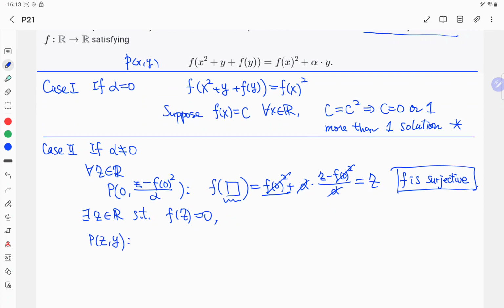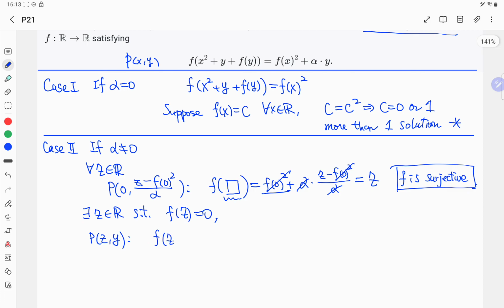We will have f of (z squared plus y) plus f of y equals f of z, squared, plus alpha y.